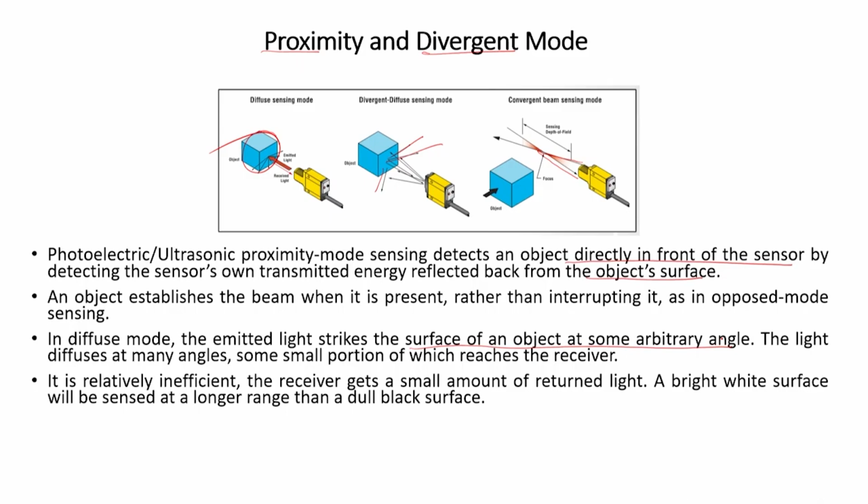The light diffuses at many angles and some small portion of it reaches the receiver. But this is relatively inefficient, and maybe the better technique is to use convergent beam sensing, where the light actually gets focused and then gets reflected from the object and goes back. So, you get a lot of reflections from the system.